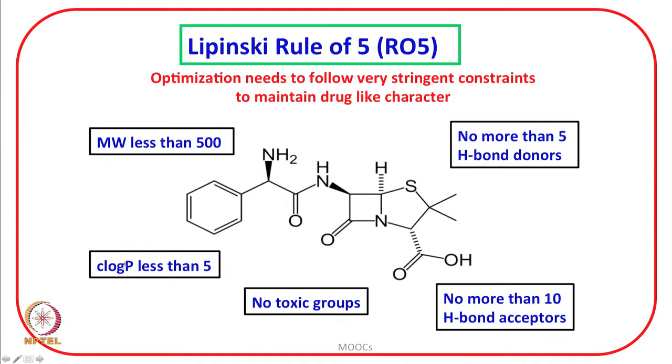Now, this log P, P is partition coefficient. C log P or log P actually tells about the hydrophobicity of a molecule, because P is the partitioning coefficient between octanol and water.